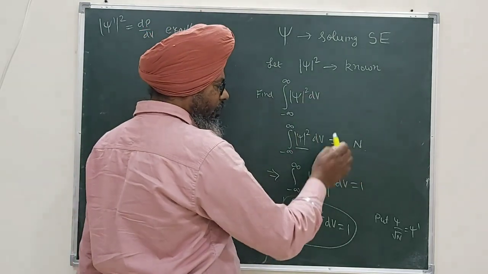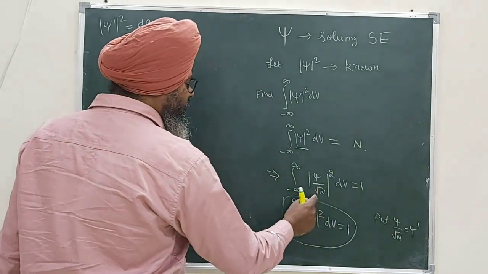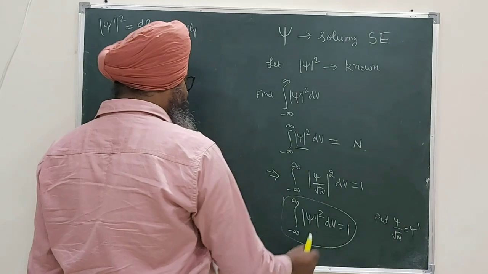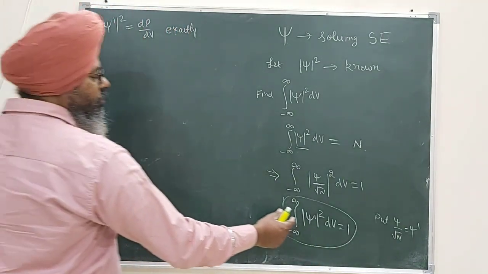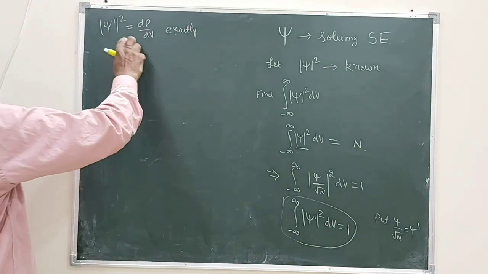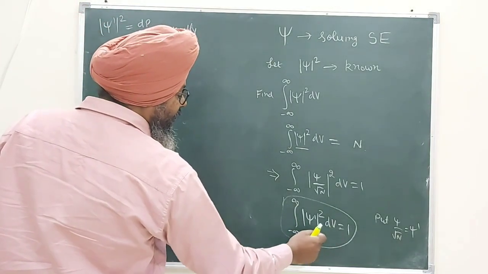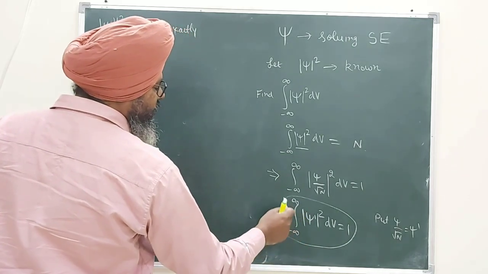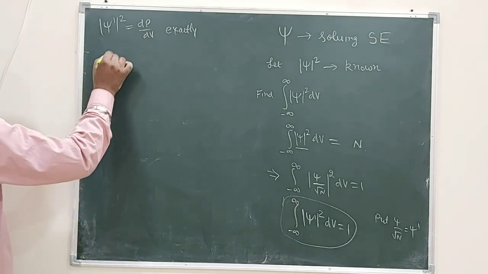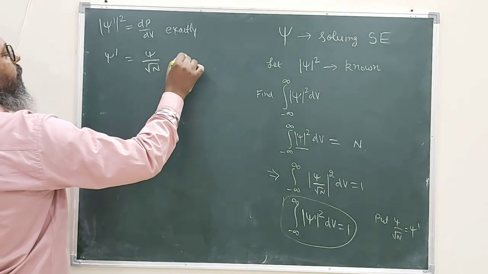It came out to be something, let us say n. Then I took this n inside, called psi upon square root of n a new wave function psi dash, and this integration is equal to 1. Obviously this quantity is now exactly equal to dp by dv, because if I take it to be dp by dv here, the dv will get cancelled. The integration of dp from minus infinity to plus infinity will be 1. That is the total probability. Therefore, psi dash, which is equal to psi divided by square root of n, is normalized.